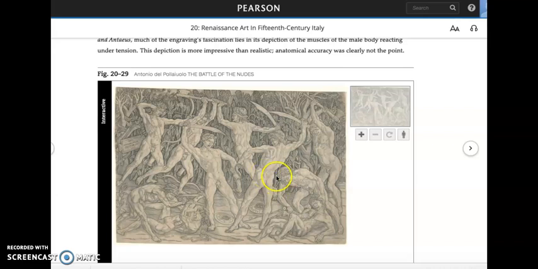Nakedness here is meant to exalt the physical prowess of the male form. This is something that we would not have seen in the Christian-focused world of the Gothic or the medieval. This is very much showing us a change in the mindset that's based on humanistic study.